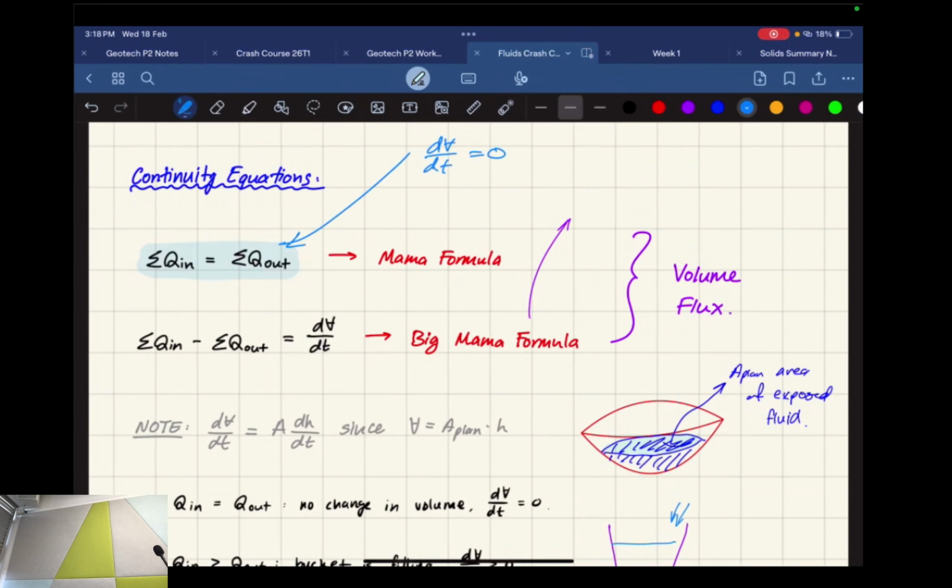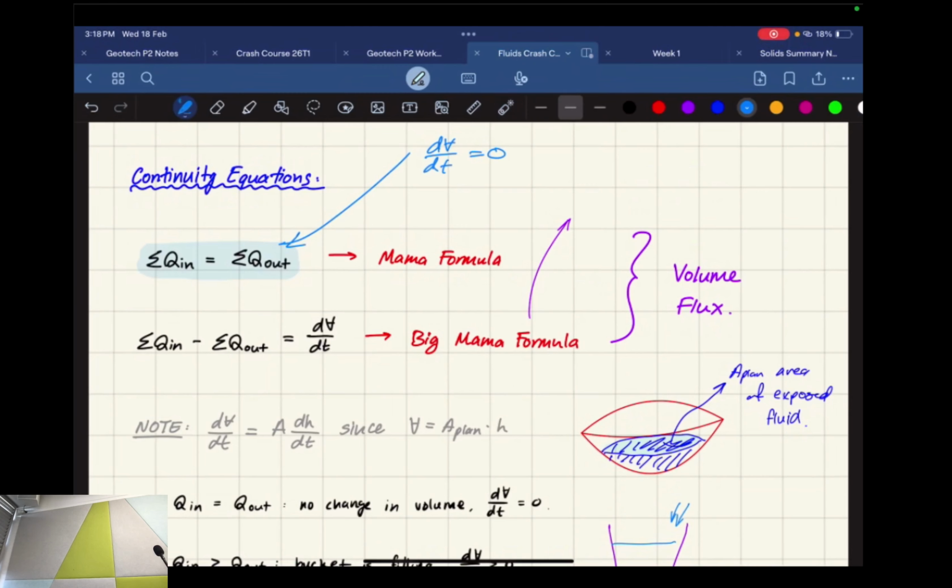So imagine a bucket, and down here I've got a bit of a leak. It already has some volume. That's a volume symbol, by the way, if you don't know.